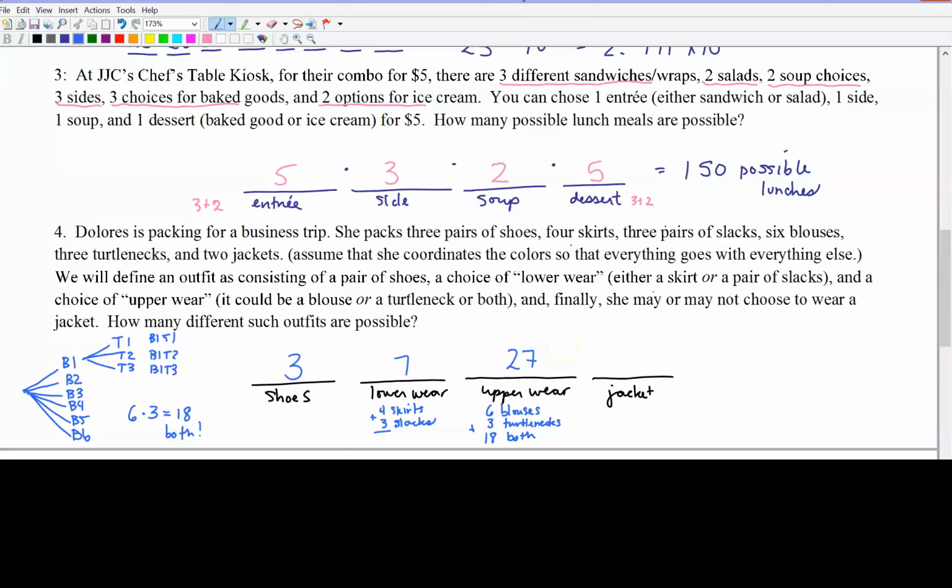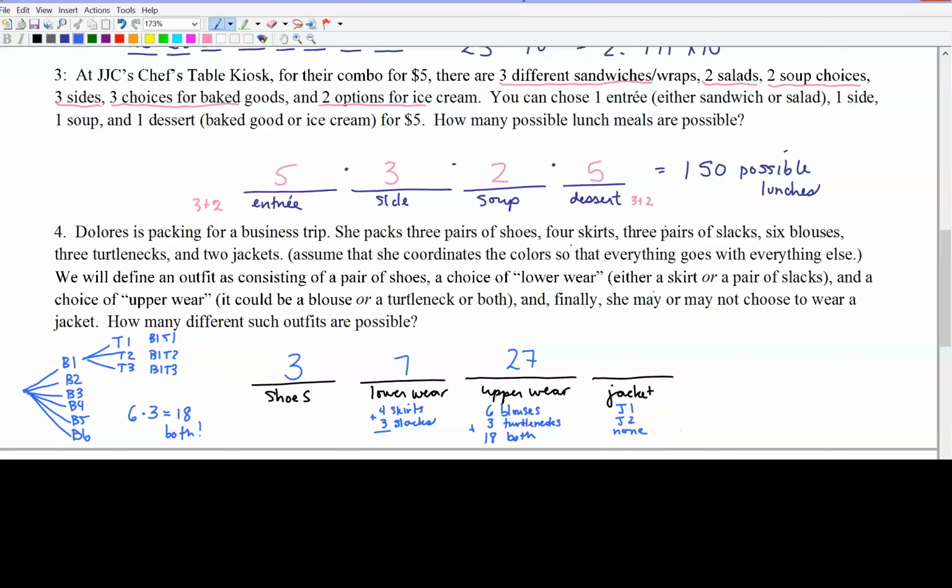Okay, so now let's go to her jacket. For the jacket, she's got 2 jackets, and she may or may not choose to wear one of the jackets. So for the jacket options, she could have jacket 1, jacket 2, or wear neither jacket.